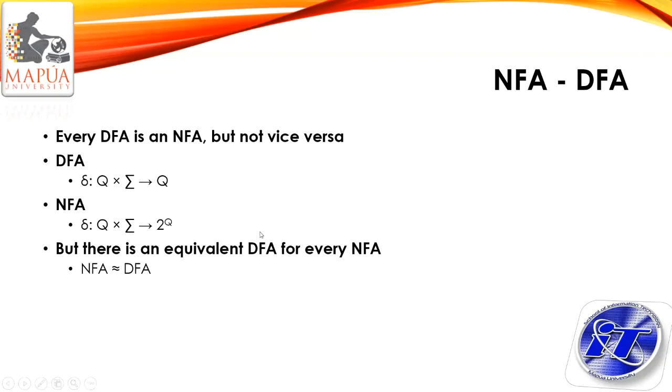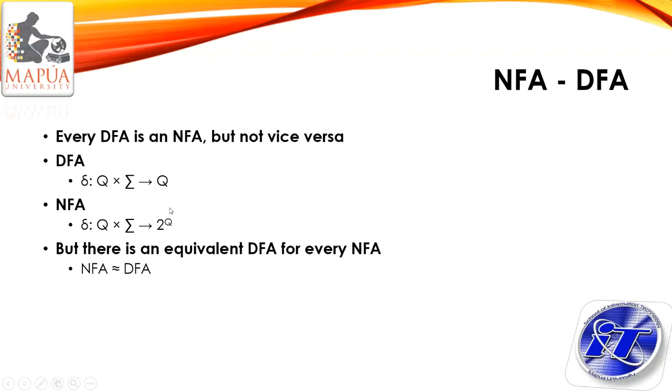For the DFA, it will be Q times the alphabet mapping to a state, while in an NFA, a state, when it encounters an alphabet, will go to a subset of Q, that is, 2 raised to Q.